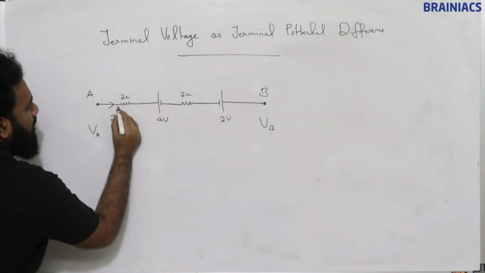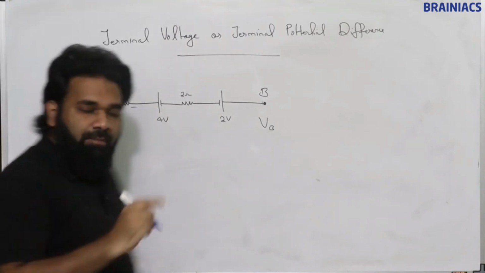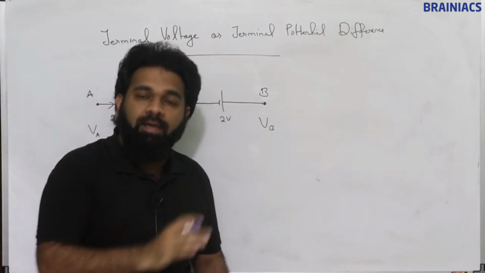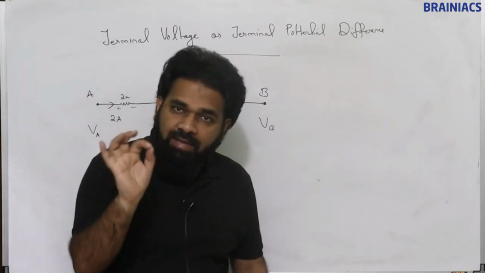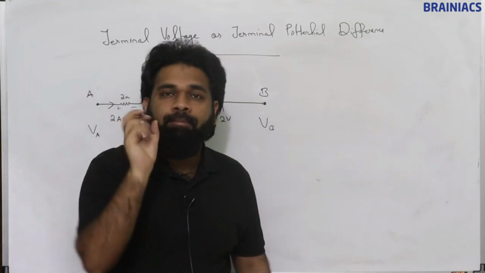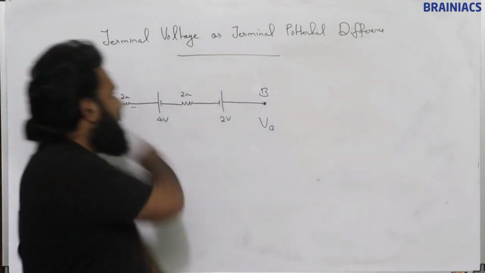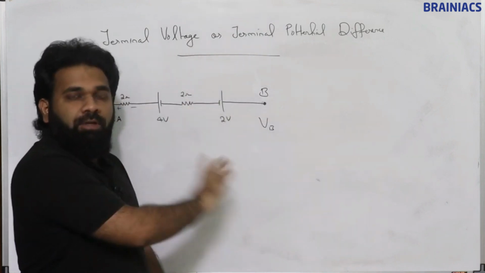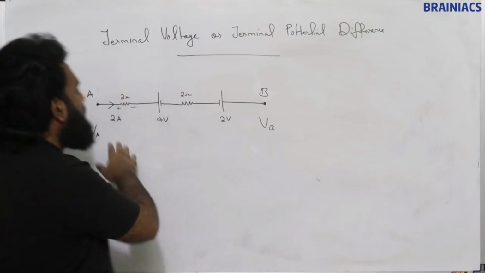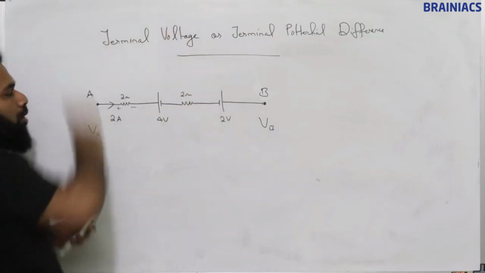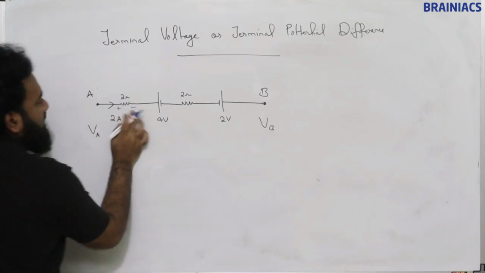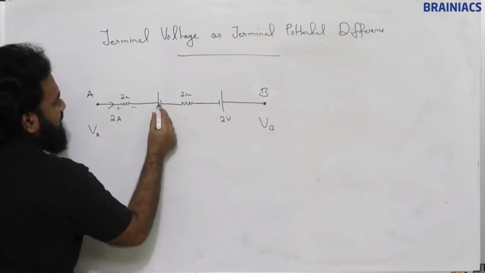I said inside the battery it is moving from lower to higher, but that is only for inside the battery. Everywhere else, even if we connect the battery, simply take the way current is moving, from higher potential to lower potential. So plus minus.